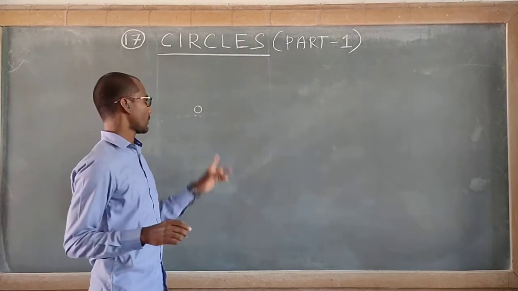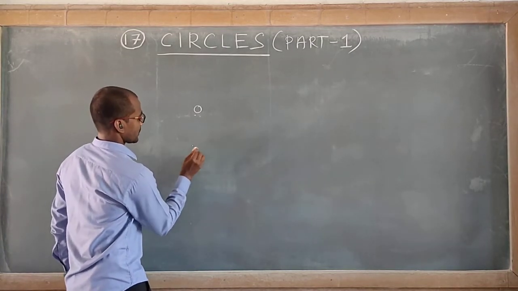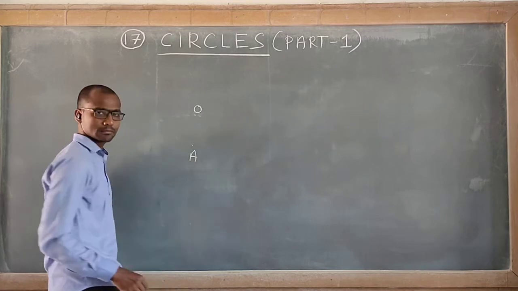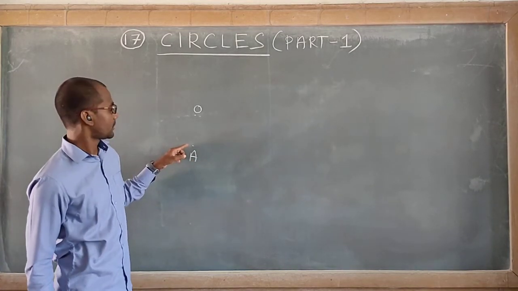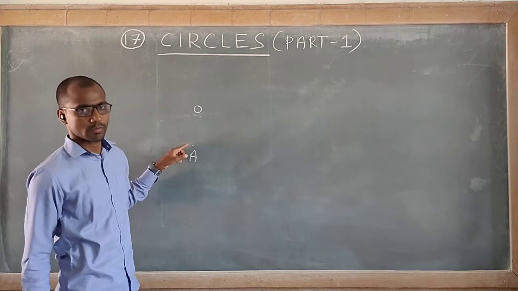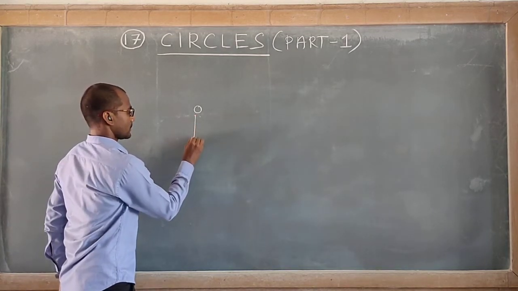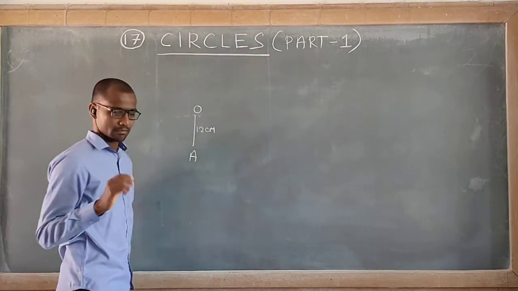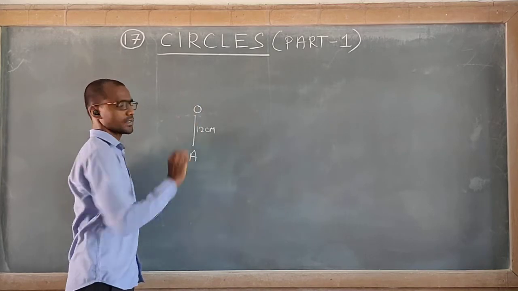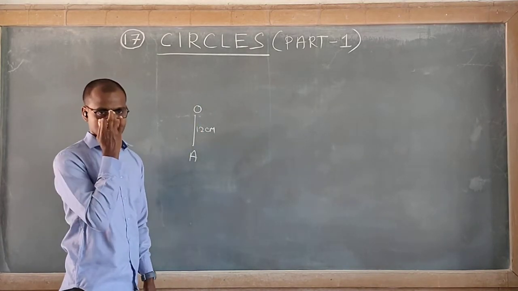Suppose there is a fixed point O, and there is a point A, which is at a distance of, suppose, 12 cm from the point O. Suppose O is fixed and the point A can be moved.